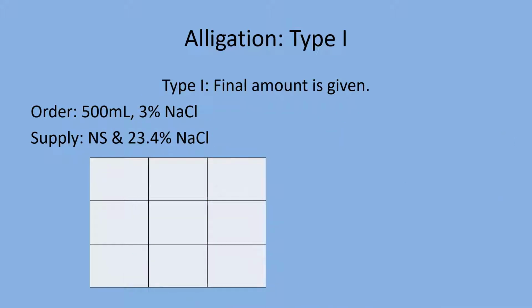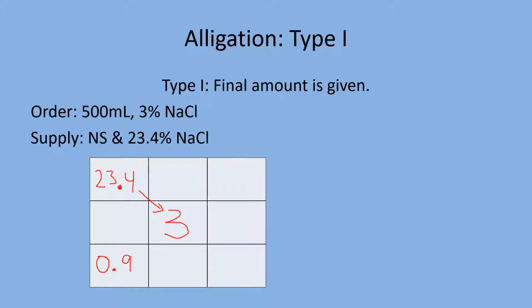All right, last one for type 1 before we get into type 2 allegation. Here the order is 3%. We have 23.4%. And what is NS? 0.9. So order in the middle, supplies to the left-hand side.